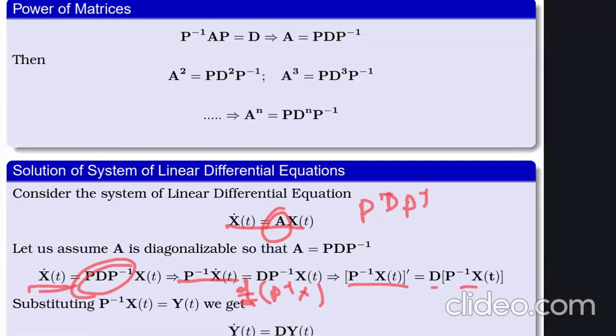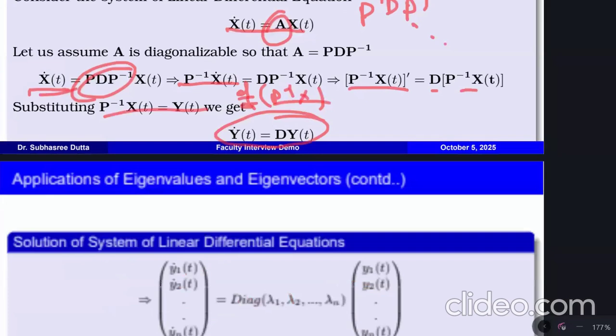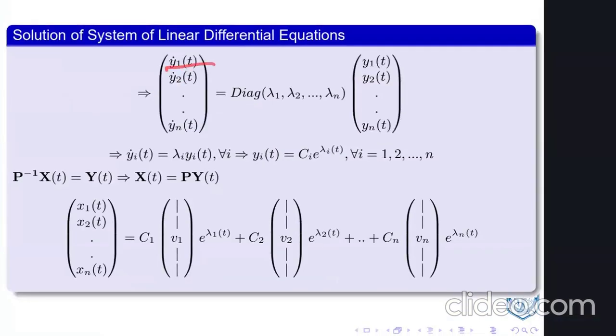I'm replacing P inverse x by y. So this is the equation y dot of t equals D y of t, where D is a diagonal matrix with the eigenvalues. So y1 dot, y2 dot is a column vector equal to the diagonal matrix lambda 1, lambda 2, lambda n times y, and the rest everything is 0.